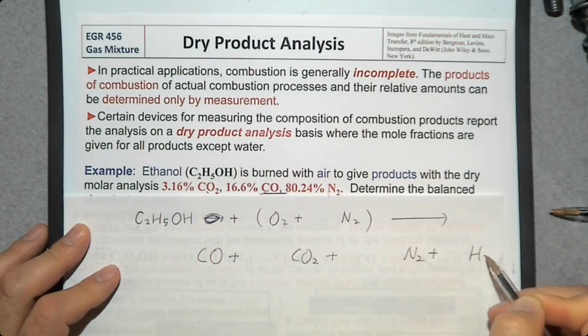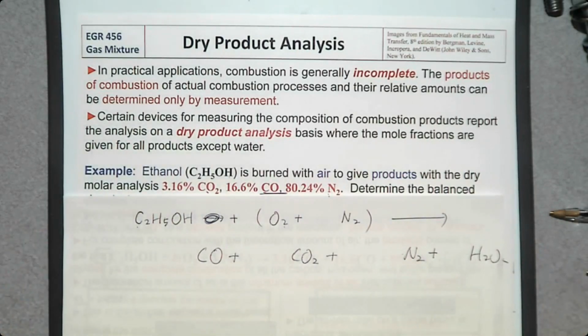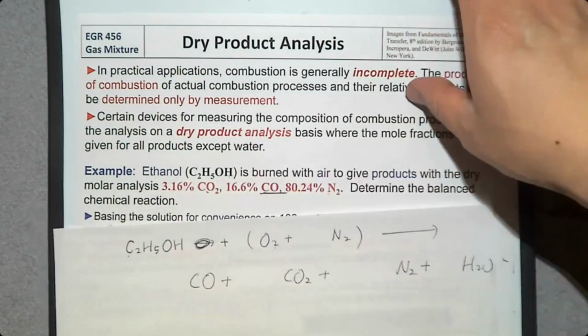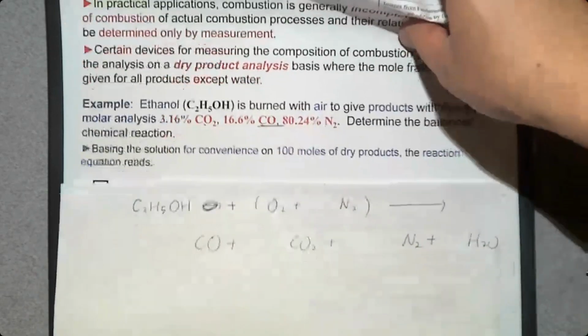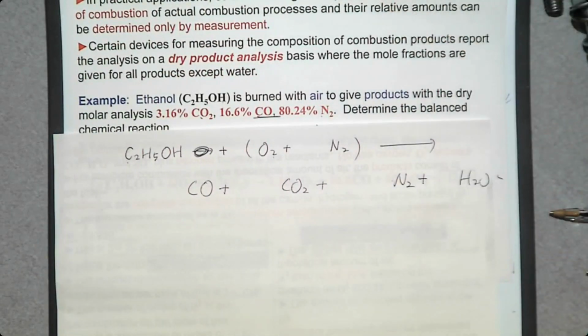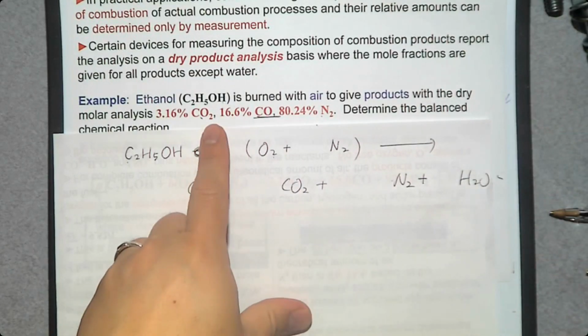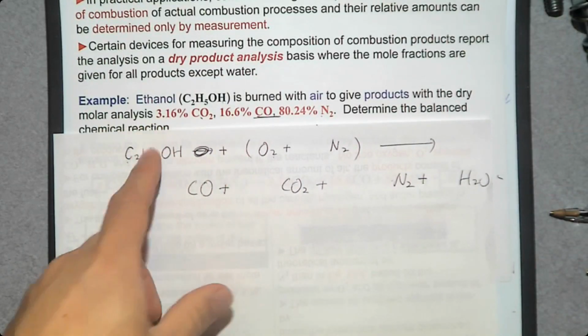And what else? Water. So the ratio is going to be 3.16%, 16.6% carbon monoxide, 80.24% nitrogen. Then, whenever you see this percentage, the first question you need to ask: mass basis or molar basis? Dry product analysis always gives you a molar analysis, so it's going to be mole basis.